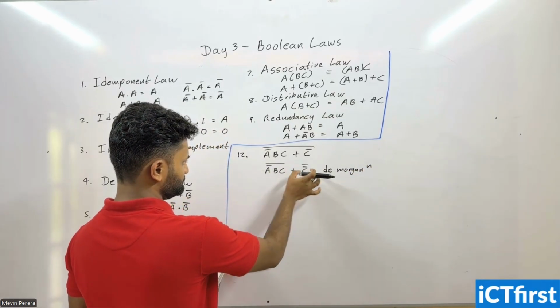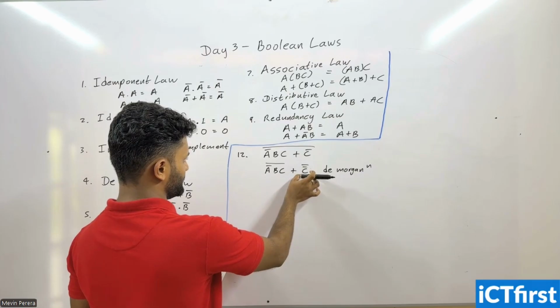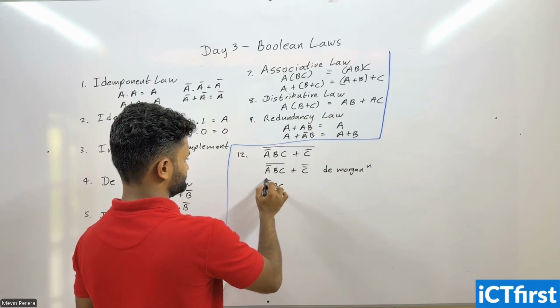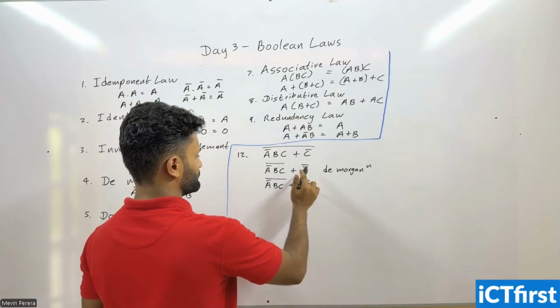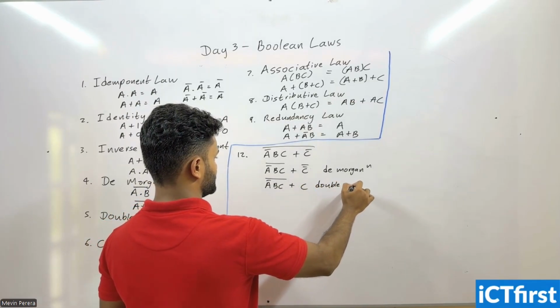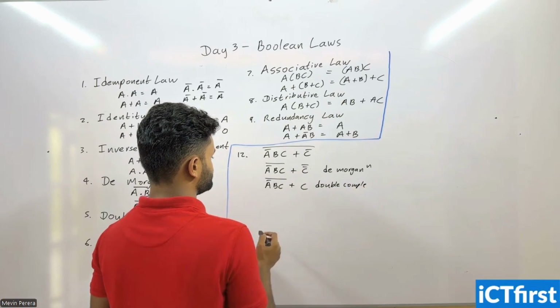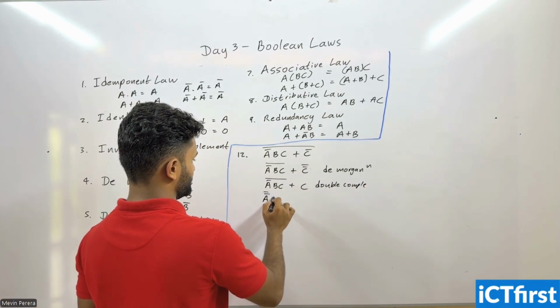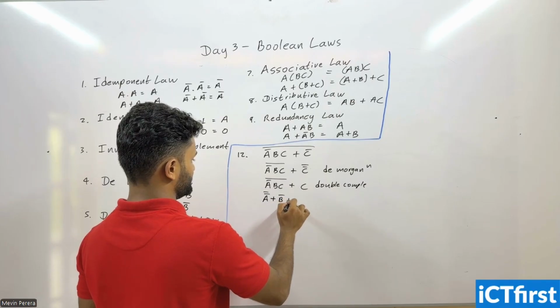So now we could remove this bar to bar part. I'll remove it first. See, that is double complement, right?